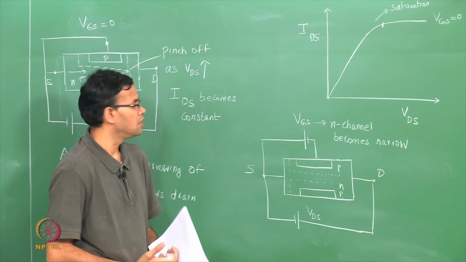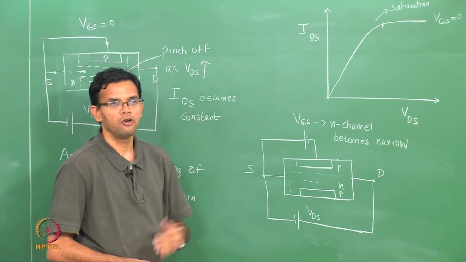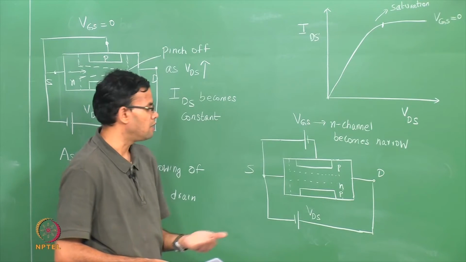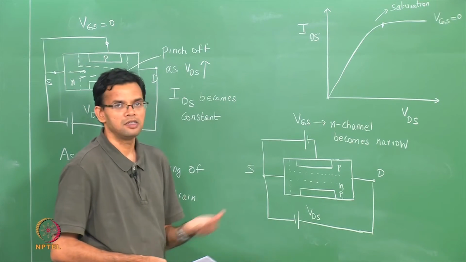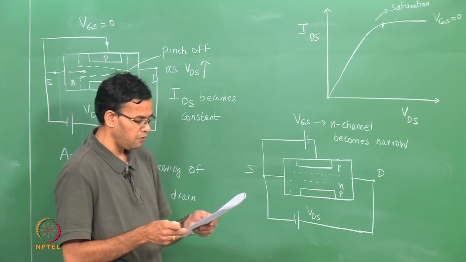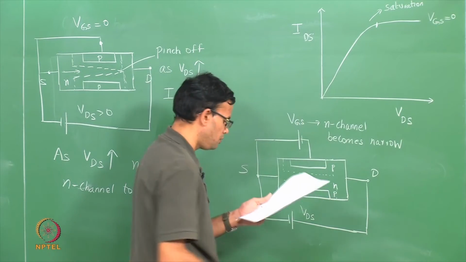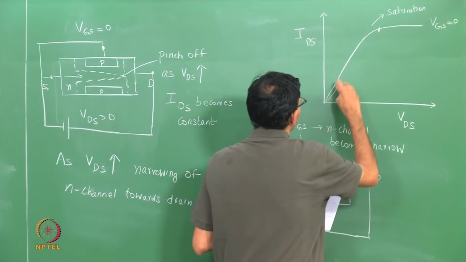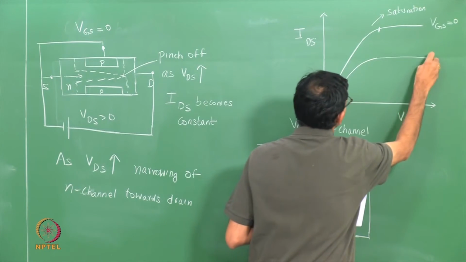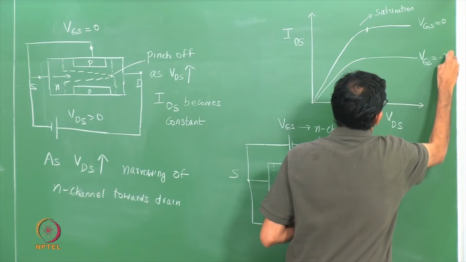What this means is that if you plot your IV characteristics, you are going to find that pinch off becomes easier the higher the voltage between the gate and the source. So if we were to plot this, this is for VGS equal to 0. If you have another value, VGS is minus 2 volts.